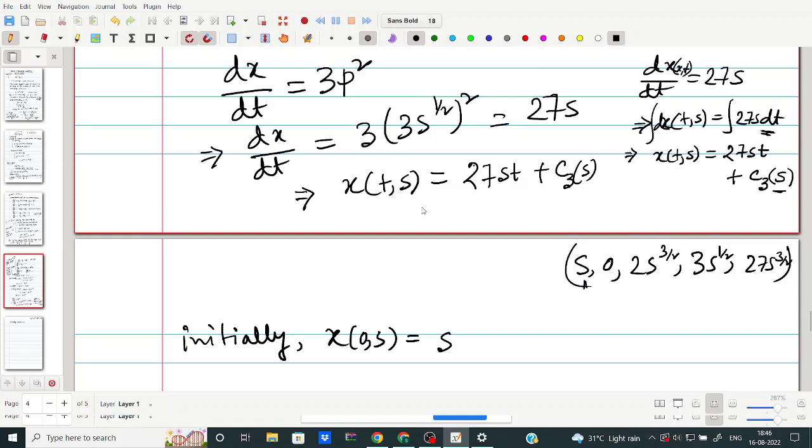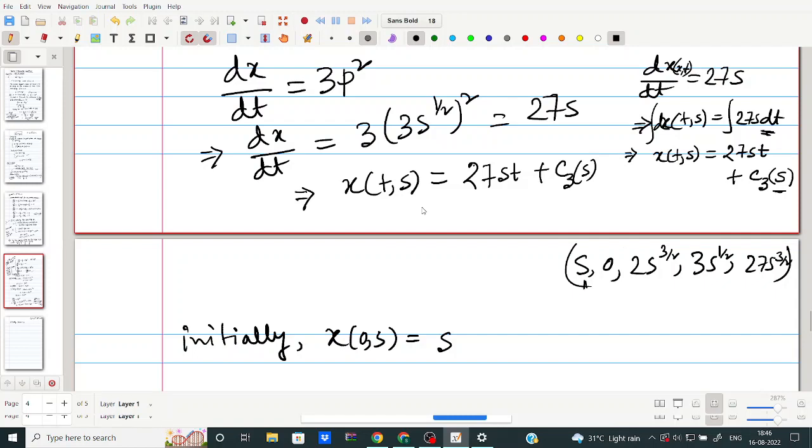So what I get? I got x0 s equal to, I put t equal to 0. So I got x0 s equal to s is equal to 0 plus c3s. Understand? I just put t equal to 0 here and c3s remains the same. So c3s is s, right?